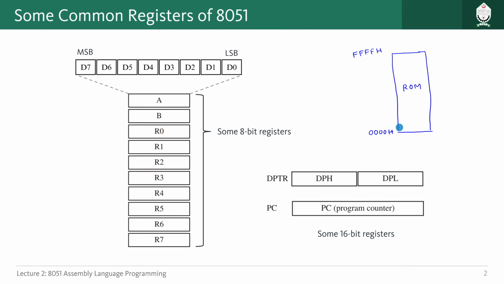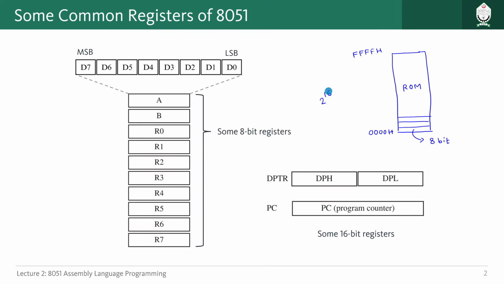If these are the locations, in each location we can have 8 bits of data. So basically, as we have a 16-bit register for the program counter, we can address up to 2 to the power 16 different locations in the ROM.